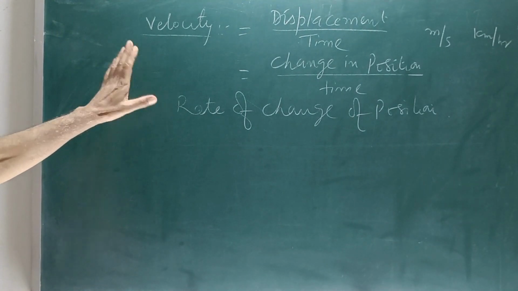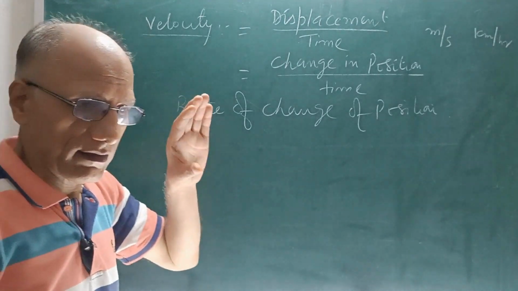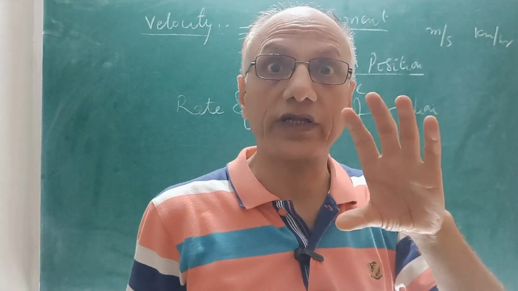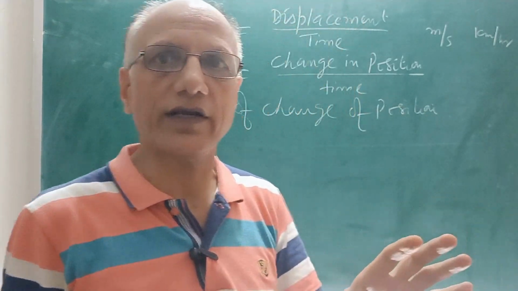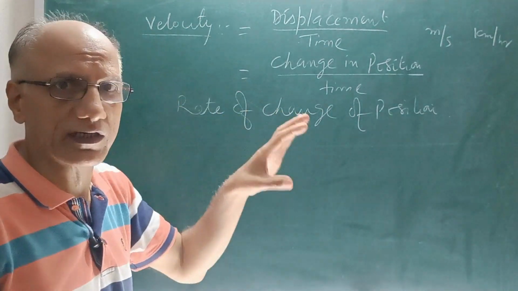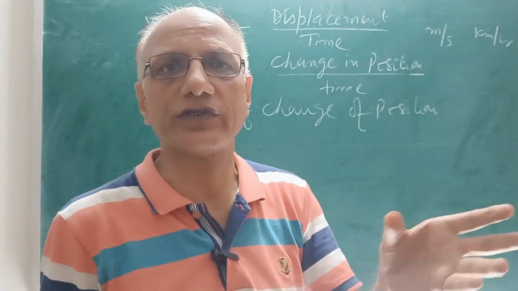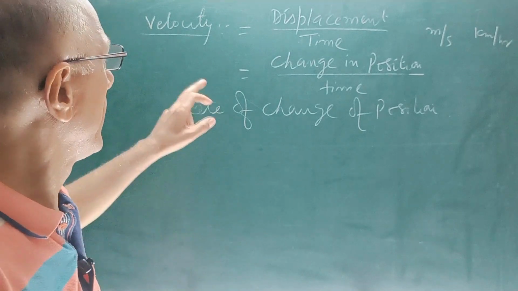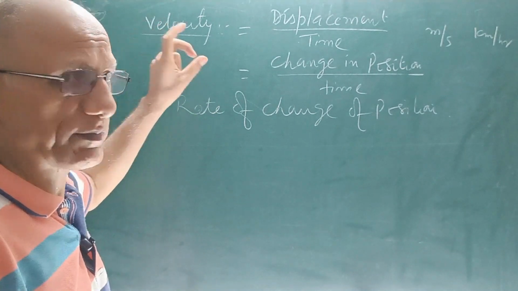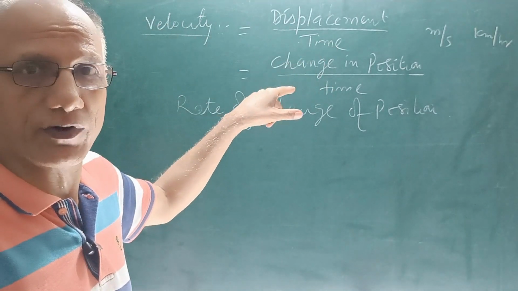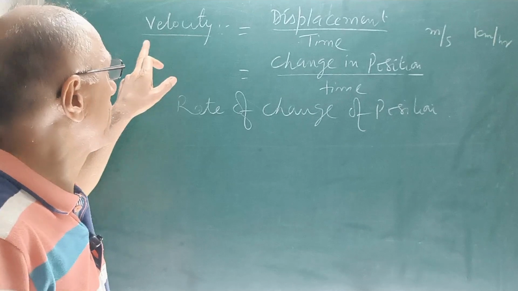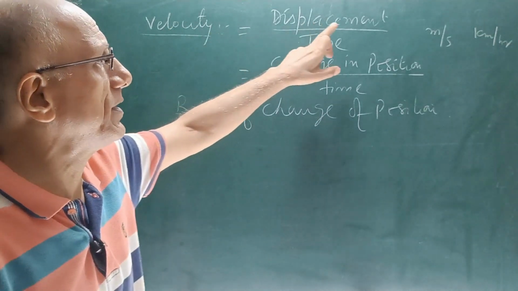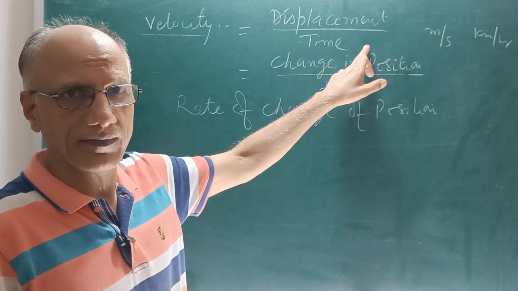Once again, I'll just repeat. Velocity is concerned with the displacement, it's a vector quantity, and speed was concerned with the distance traveled, which was a scalar quantity. Speed was distance traveled upon time taken. Similarly, velocity is displacement upon time taken.